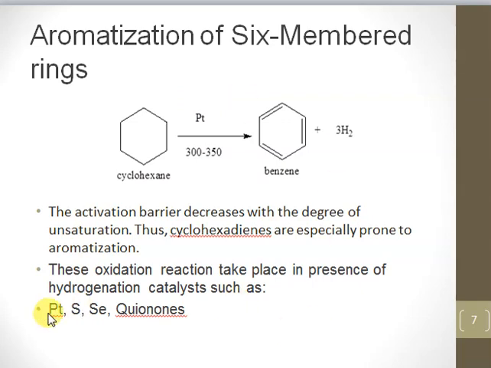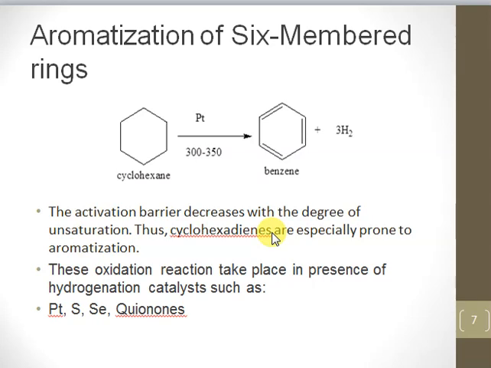These catalysts include platinum, palladium, sulfur, selenium, etc. It has been generally observed that when carrying out the aromatization reaction, if our substrate already has a double bond, then the activation energy in the formation of the aromatic compound decreases. So if you have cyclohexane or cyclohexene or cyclohexadiene, cyclohexadiene will react very fast. Why? Because as the degree of unsaturation increases, the aromatization becomes easier.